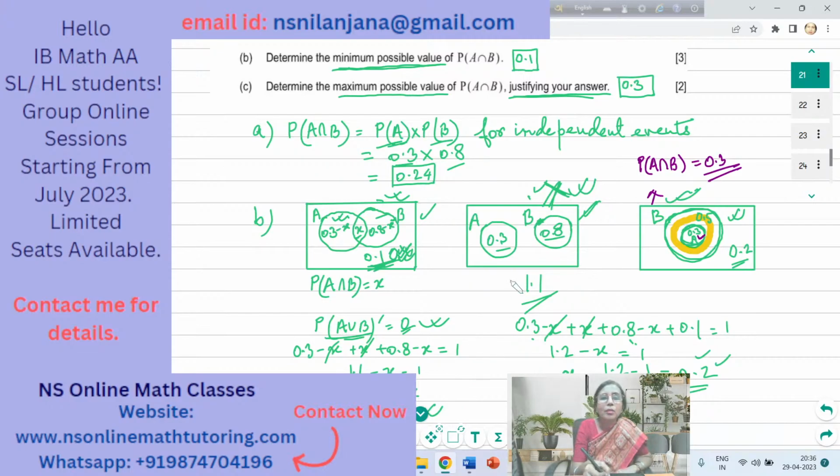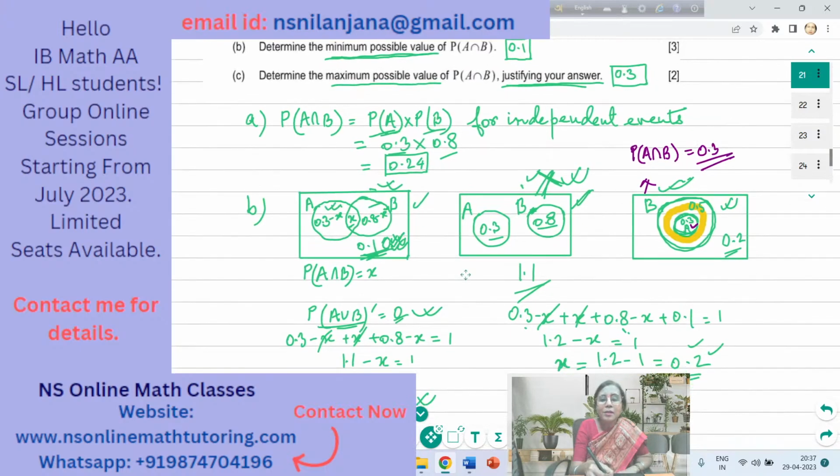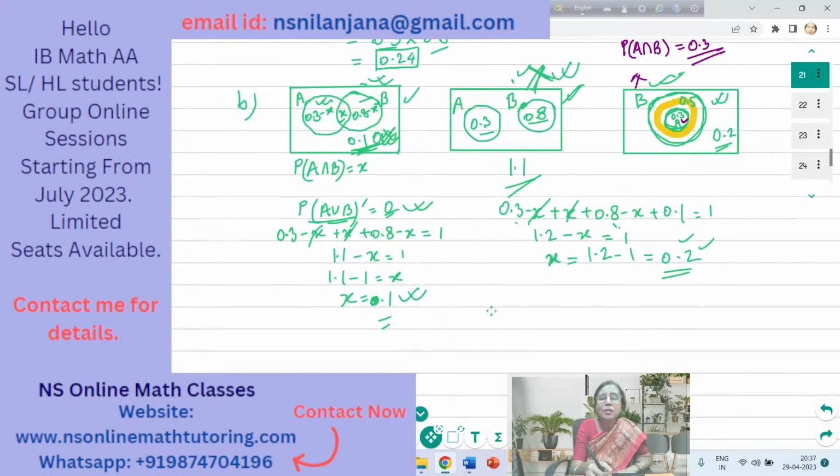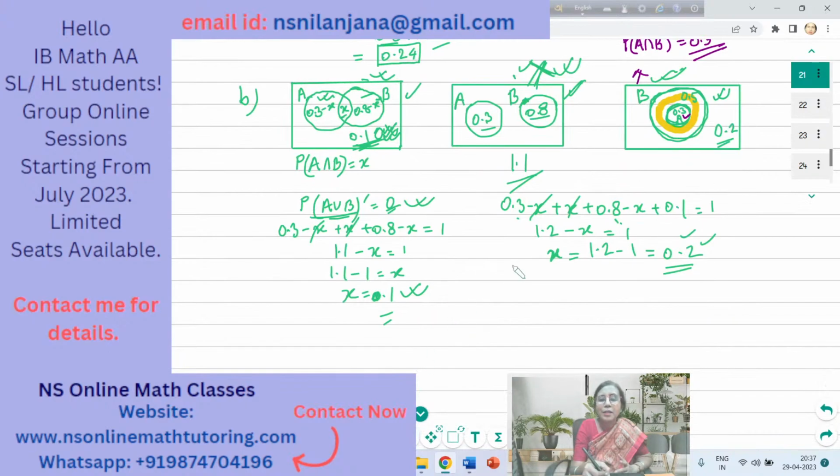So this completes the first 6 questions of section A of the paper IB Math AA SL, November 2022, paper 1. We will be solving the section B questions, that is question 7, question 8, and question 9, tomorrow from 5 p.m. IST.